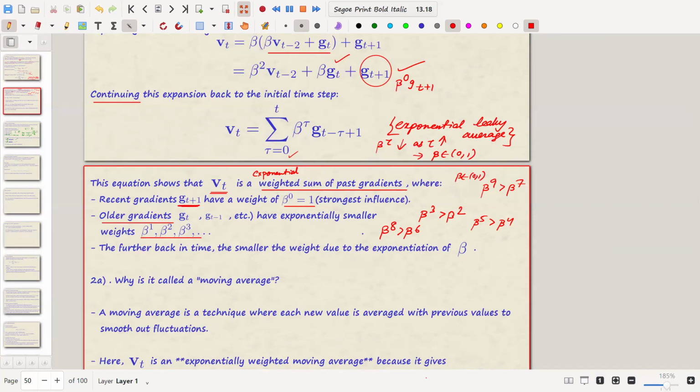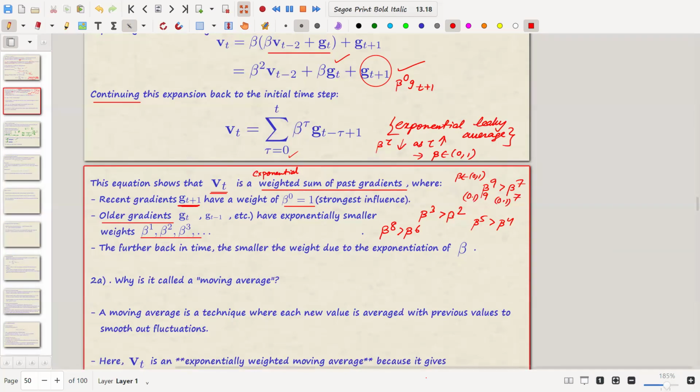Because take an example: 0.1 to the power 9 and 0.1 to the power 7. 0.1 to the power 9 will be smaller. As tau increases, we are going to past gradients, so we are giving less weightage to the past gradients. That's it. Nothing else.